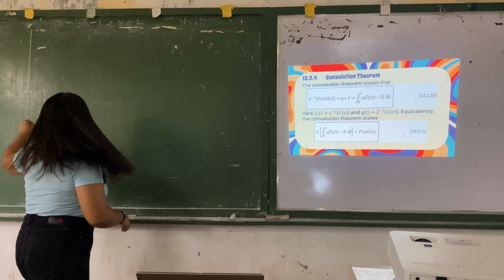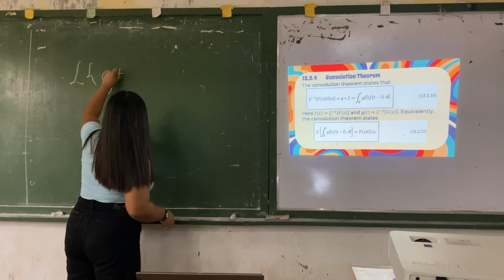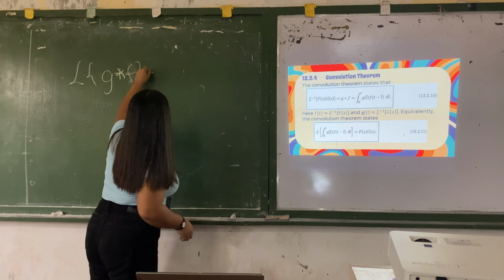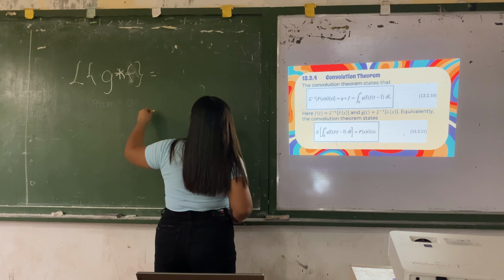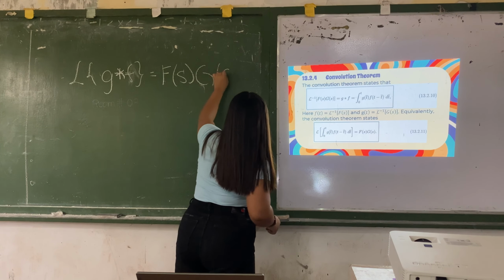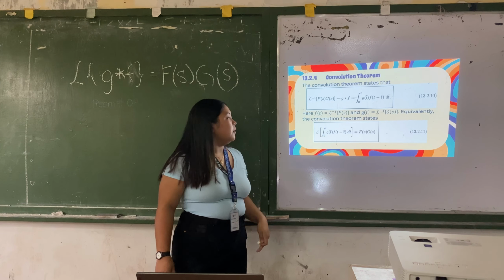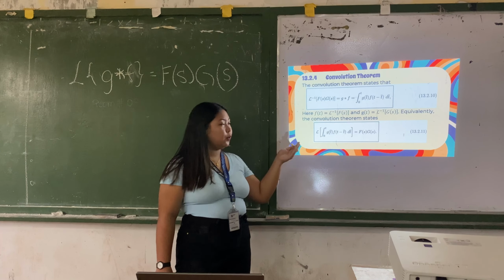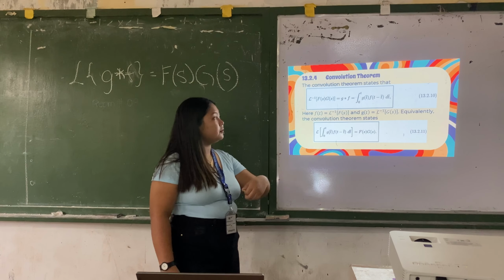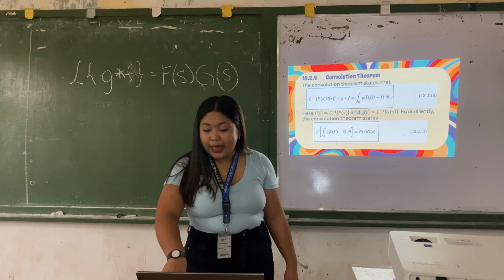If you have a convolution, the Laplace transform of the convolution of g and f is equal to the product of the two transforms, F(s) and G(s). This is the equation we have to remember in order to use the convolution theorem.